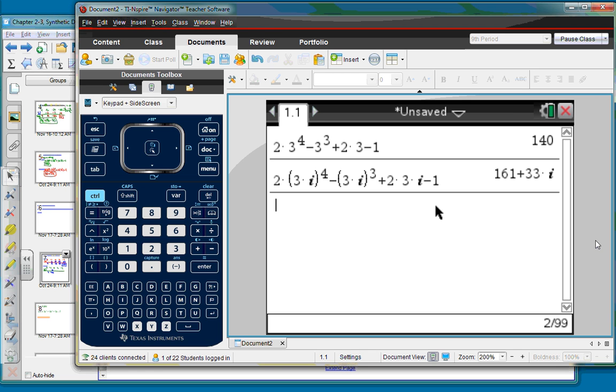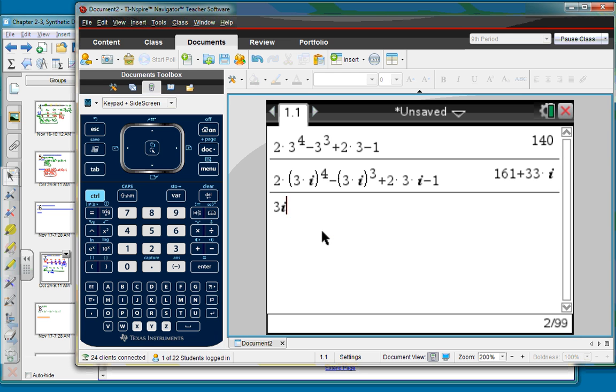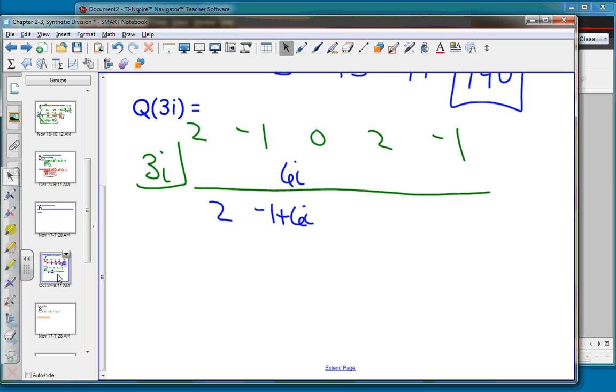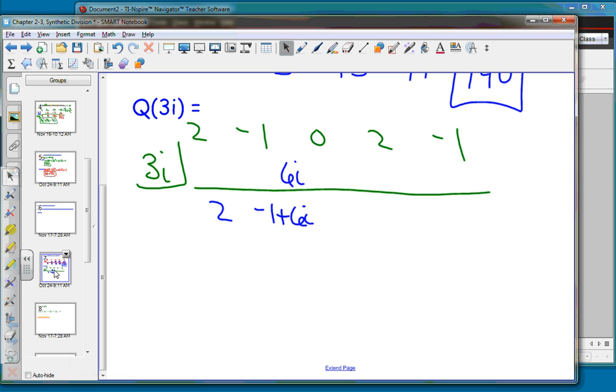We simply do 3i times, in parentheses, what are we multiplying by? -1 plus 6i, and hit enter. And what does that give you? -18 minus 3i. And you come back over here.